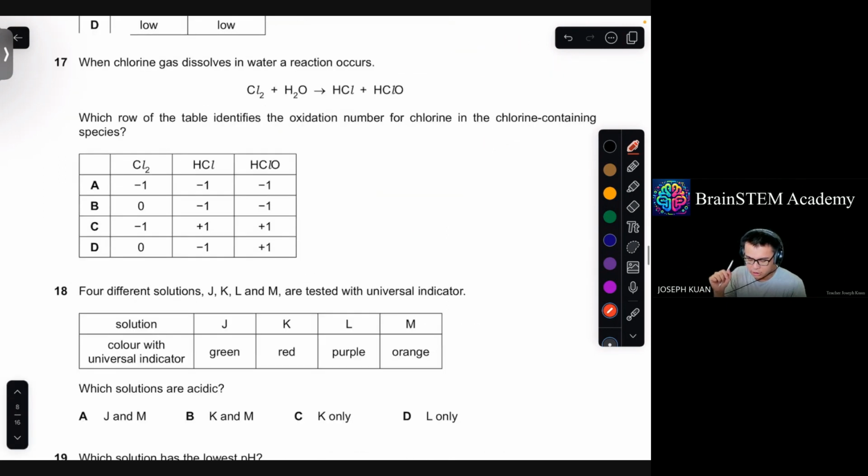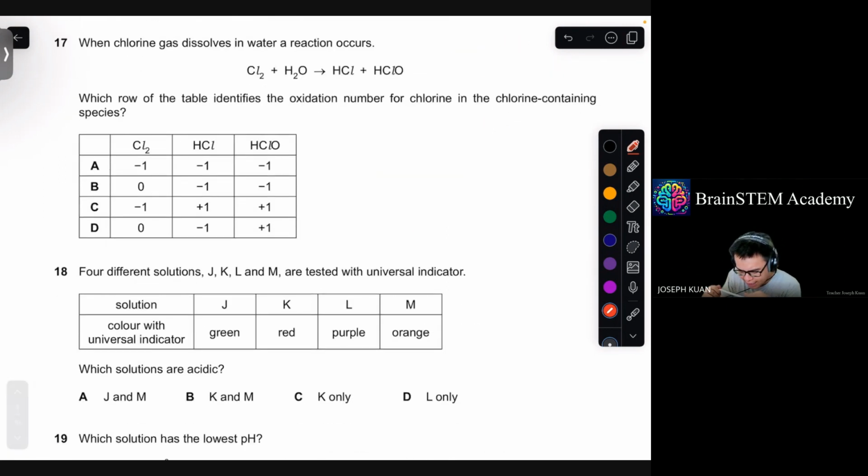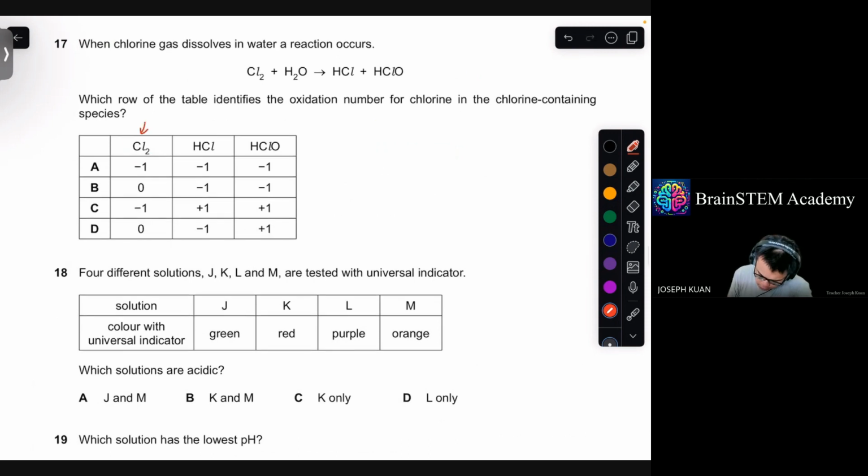Moving on to the next question, 17. When chlorine gas dissolves in water, a reaction occurs. Which row of the table identifies the oxidation number of chlorine in the chlorine-containing species? Well, let's check one by one. First of all, chlorine molecule is a neutral, uncharged molecule, which means that the oxidation number should be 0.